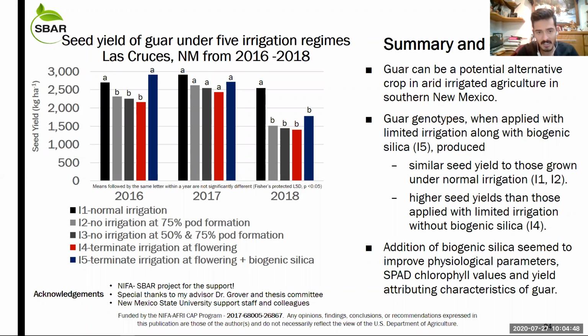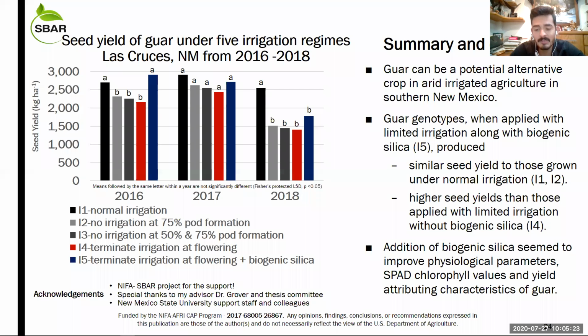And then as you can see, it was only significantly different with the biogenic silica treatment, the blue bar, in irrigation 5. And then in 17 and 18, it was not significantly different compared to the terminated irrigation at flowering and terminated irrigation at flowering plus biogenic silica, but the seed yield was still higher across those 3 years. So I think that was something very interesting.